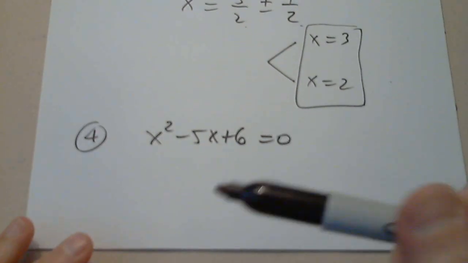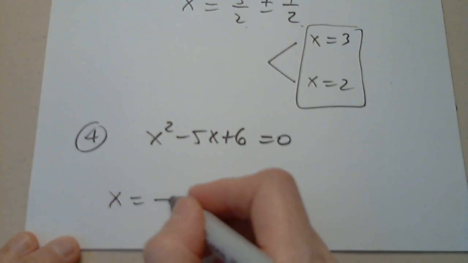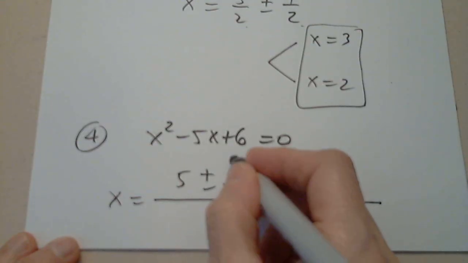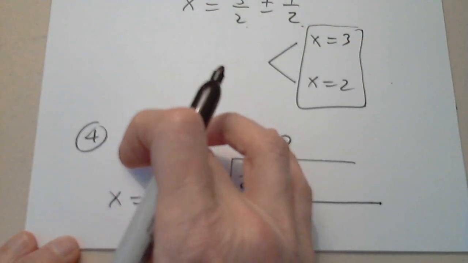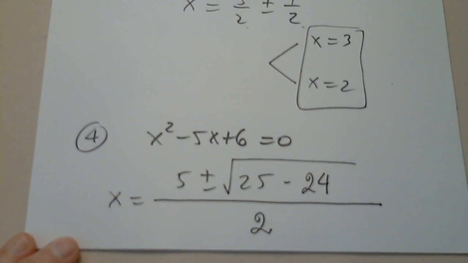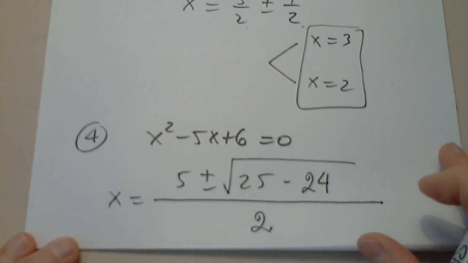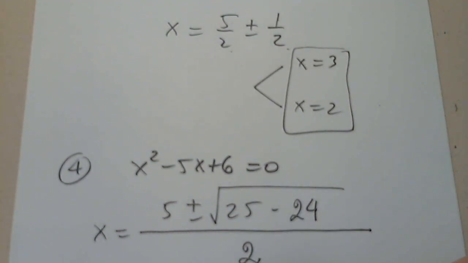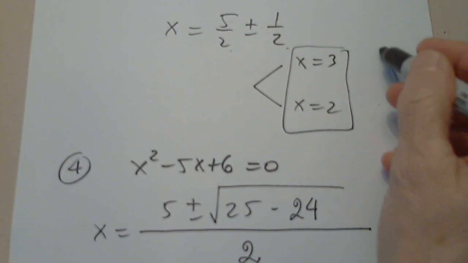Finally, the quadratic formula. It better give us the exact same thing. Negative b plus or minus the square root of b squared minus 4ac, over 2a. So this is 5 plus or minus 1 over 2. It has to be the same thing.